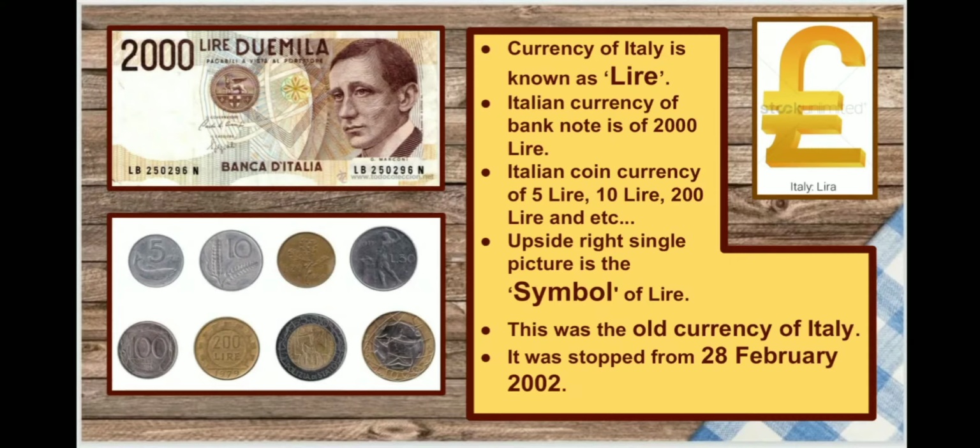Then Italian coin currency of 10 lire and many more, 5, 10, right, and 1.5, 100, 200. These all are coin currency. Upside right single picture is the symbol of lira. This was the old currency of Italy.